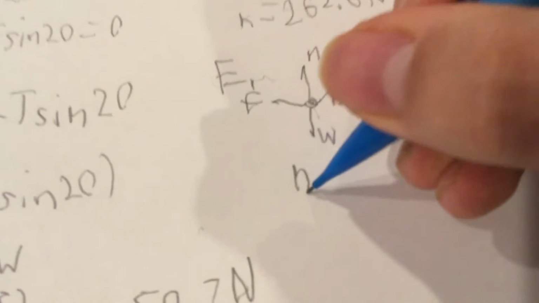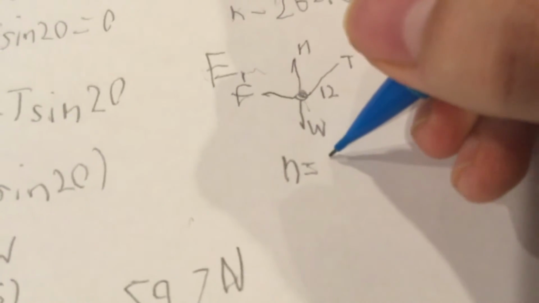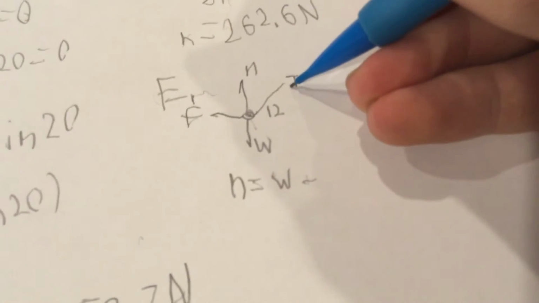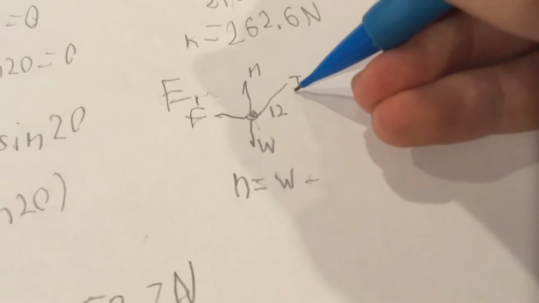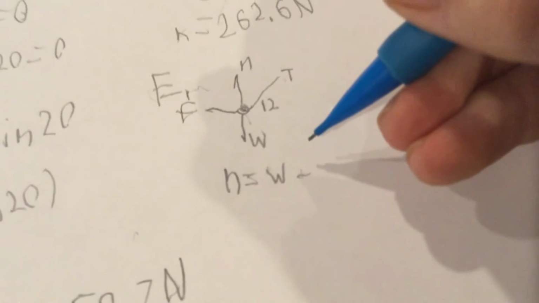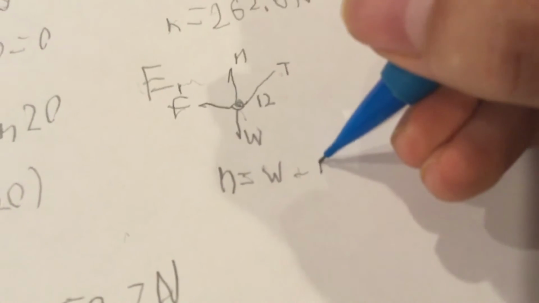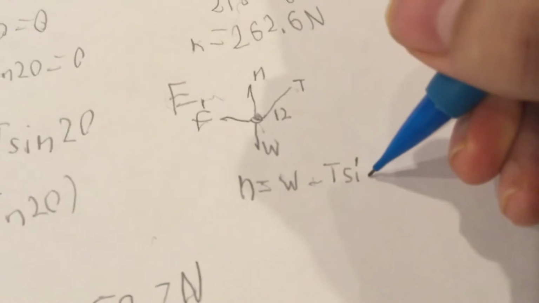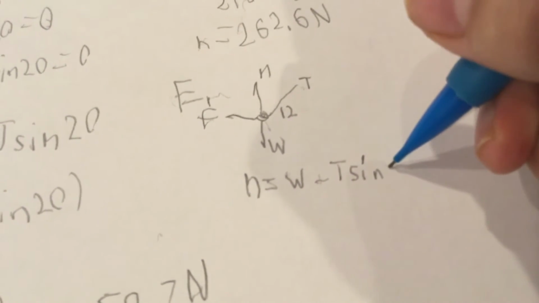So we know that normal equals W minus the component from the tension. It's going to be subtracting from the weight. So it's going to be T sine 12.